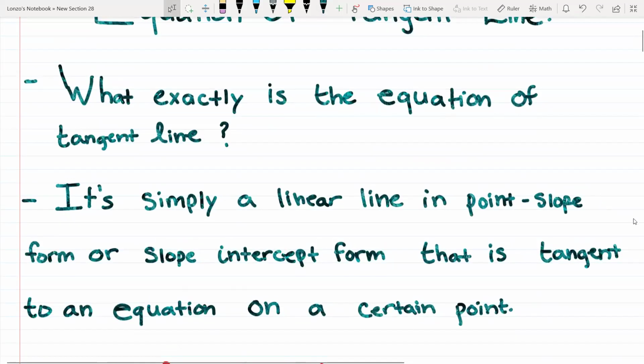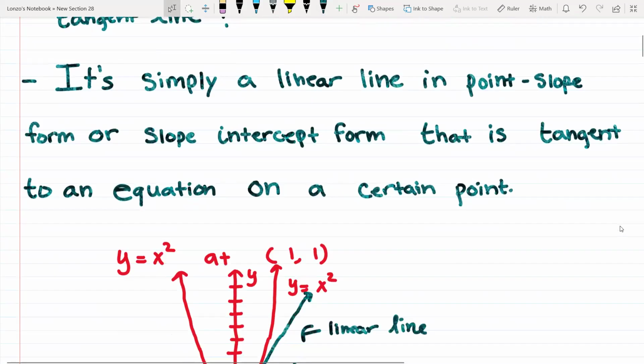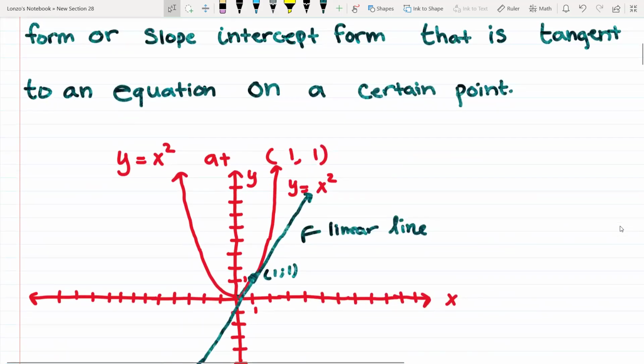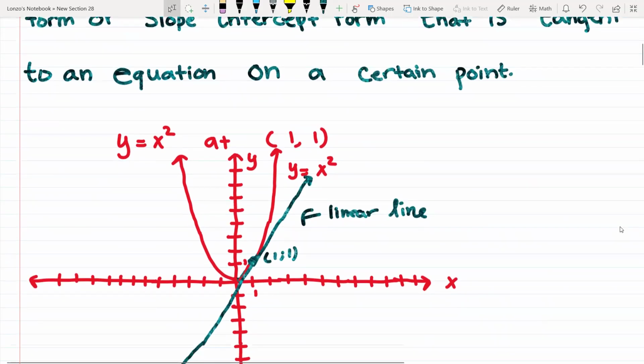So it's simply a linear line, a straight line, in point-slope form or slope-intercept form that is tangent to an equation at a certain point. For example, let's say you had the equation y equals x squared, and it is tangent at the point (1, 1). Do you see this green?